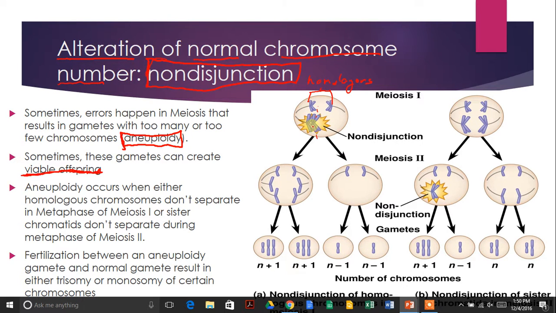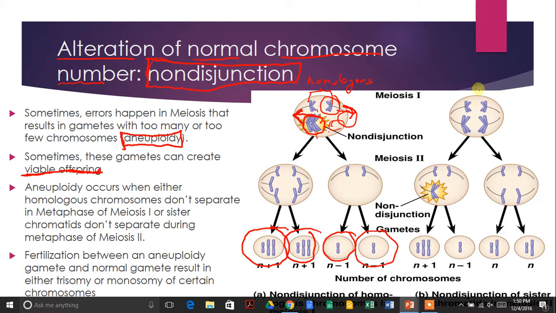What can happen sometimes is both of the homologous chromosomes get dragged to one side of the cell, and that means the other side gets one fewer. So in meiosis 2, you get gametes with an extra chromosome and gametes that have one too few chromosomes. This is one way nondisjunction can happen.